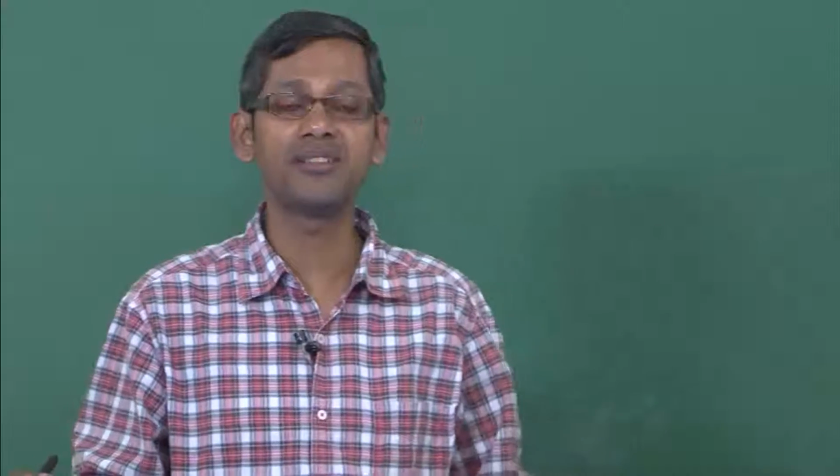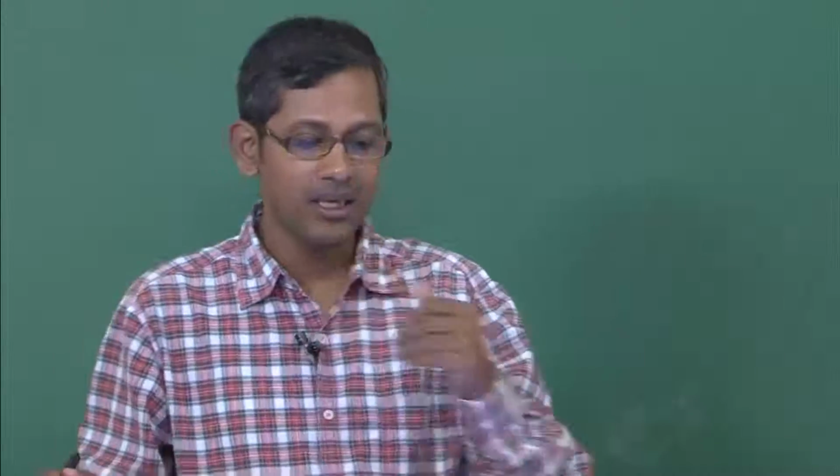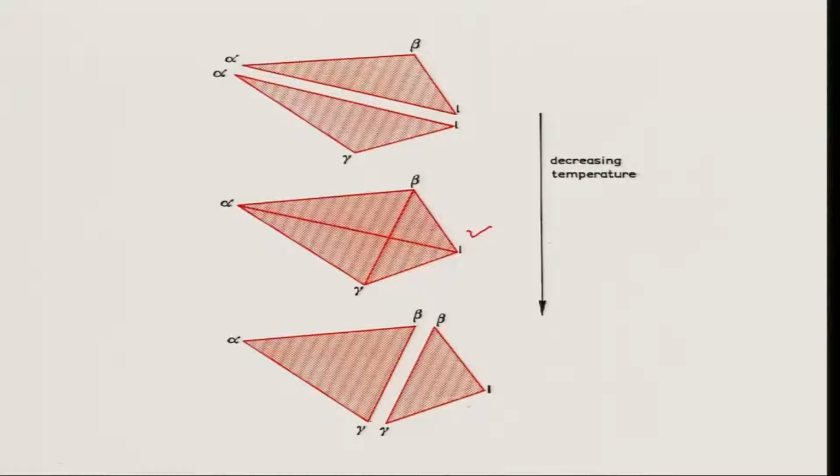These 2 monovariant reactions can be peritectic and eutectic type, or both of them can be eutectic type. What is the meaning of that? As you see here, there are 2 monovariant reactions present at temperatures higher than the invariant plane. This is the invariant plane. These are the 2 monovariant reactions, correct. One is alpha, beta and liquid, the other one is alpha, gamma and liquid.